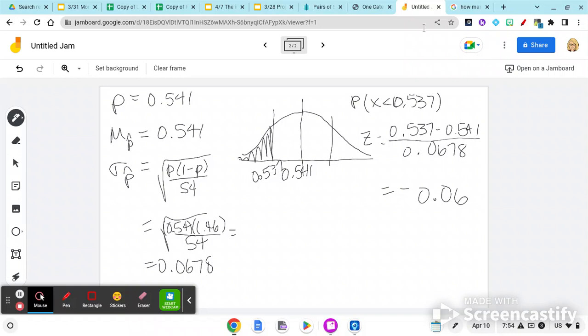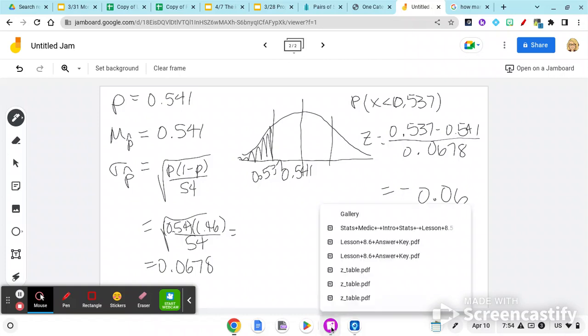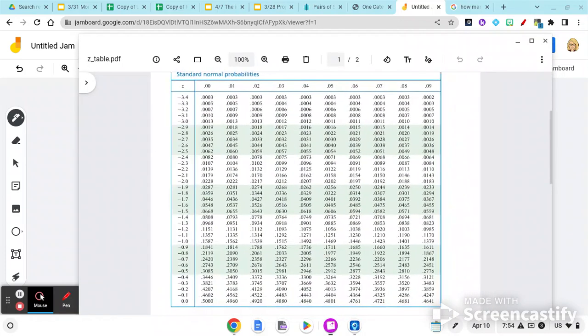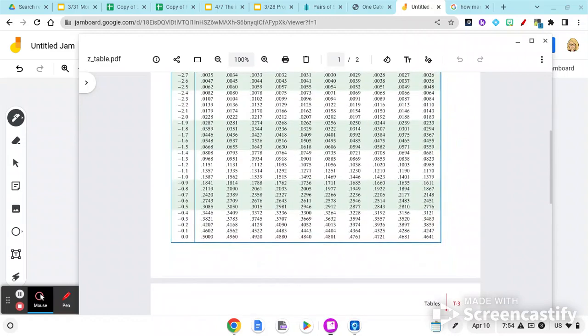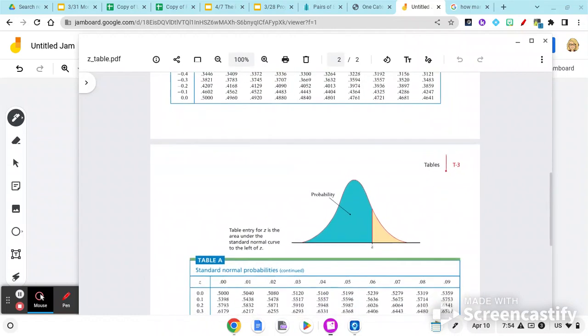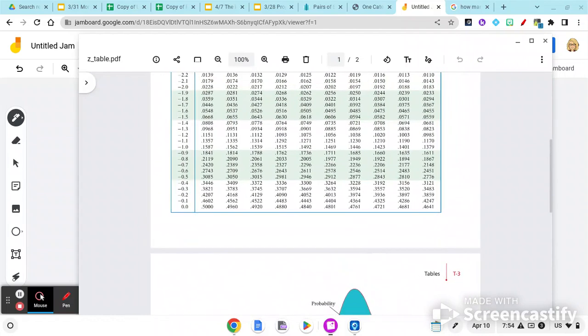So now I look that up in table A. Negative 0.06 is going to be on the negative one. So 0, 1, 2, 3, 4, 5, 6, and we get 0.4761.